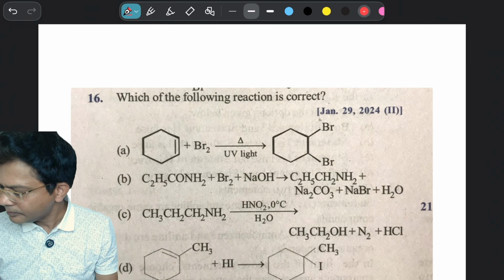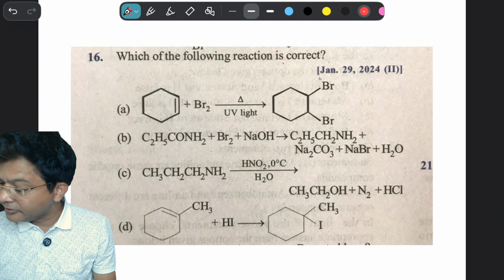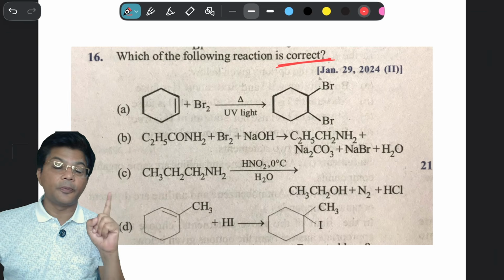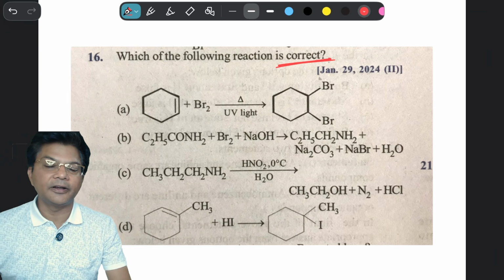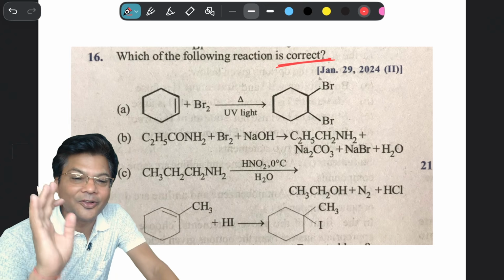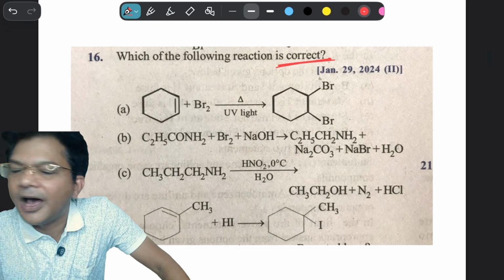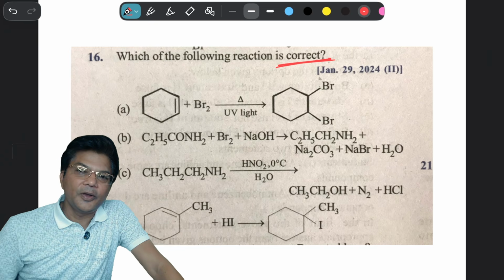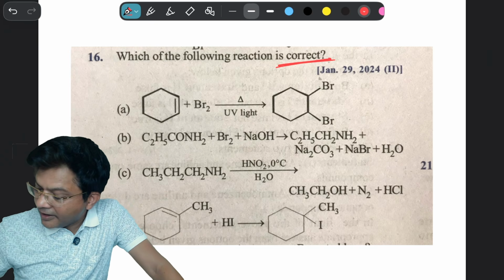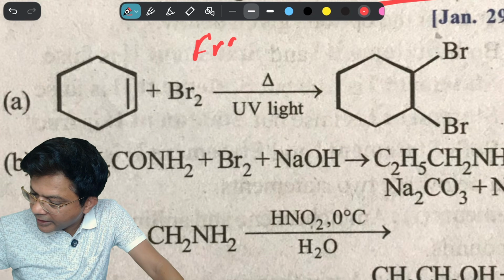Now, which of the following reactions is correct? Always read it out properly. Correct or incorrect they have written. So now it's your turn. First, Br2 UV light. This is wrong. Why? Because Br2 with UV light is FRSR, free radical substitution reaction.